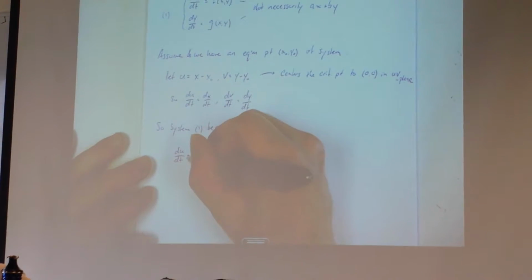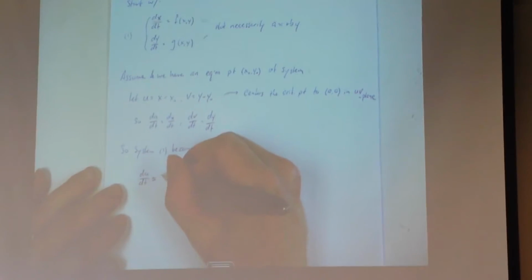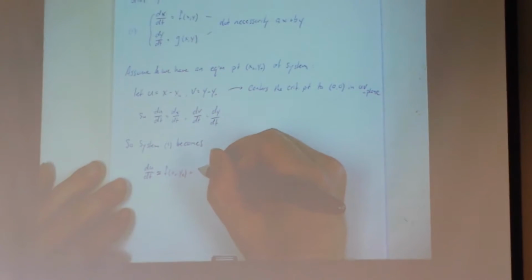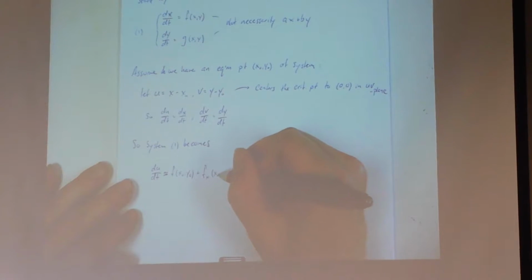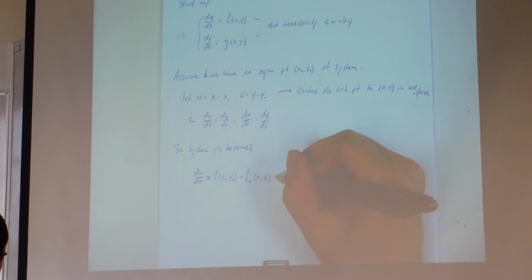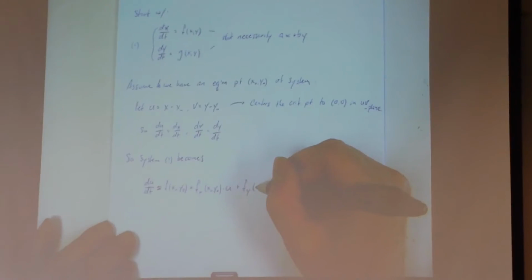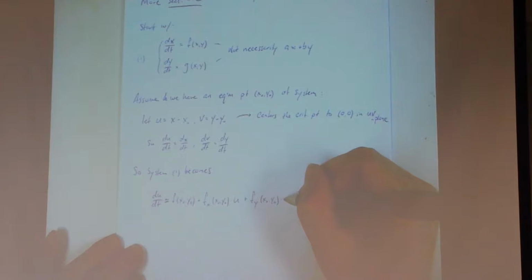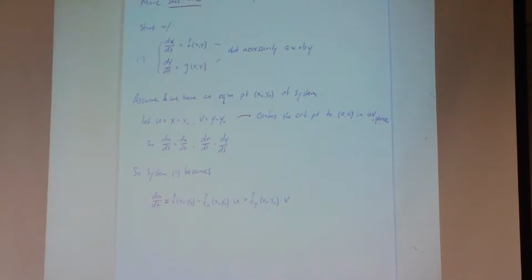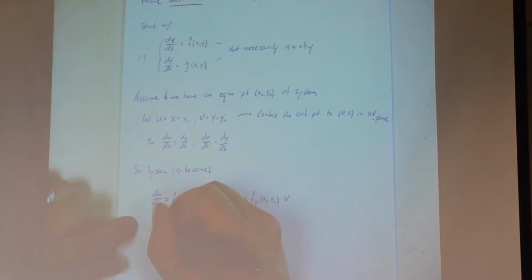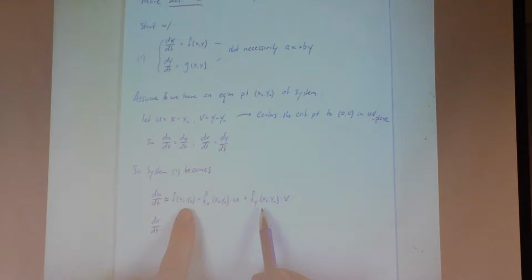I should write technically approximate, but we got f of x naught, y naught plus the partial of f with respect to x at x naught, y naught times u, plus the partial with respect to y at that point times v. Okay, and similarly, dy dt can be replaced with dv dt. What we're doing is transforming this system into one involving u and v, like we did last time. Except it takes a little bit more work. It's going to involve partial derivatives.